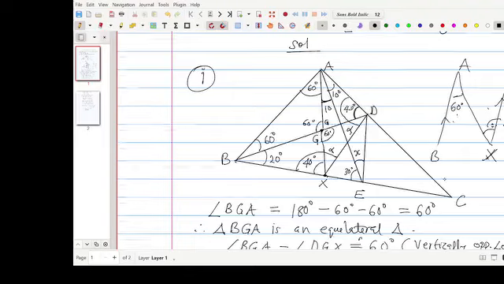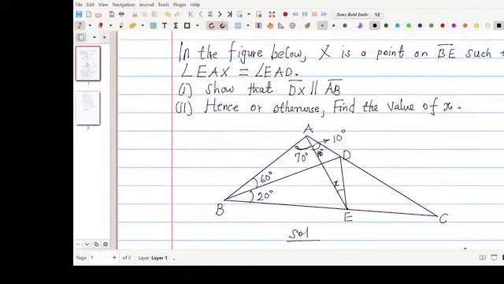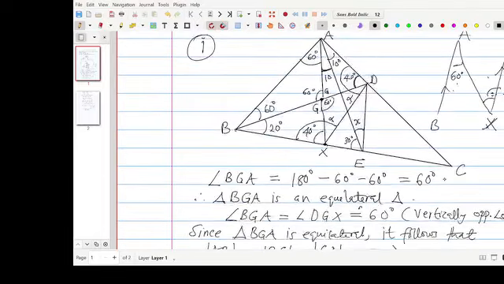So we'll go to the II part of the problem. Where is the II part? It says hence find the value of x. So we have to find the value of x. All right. Now there's a consequence. Let's look at the diagram carefully. Since this line DX is parallel to the line AB, it follows that this angle here is 80 degrees, because the angle here is known as angle CDOX, and that is equal to angle DAB.